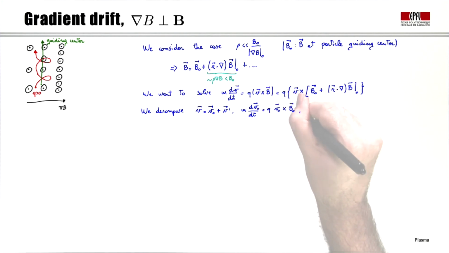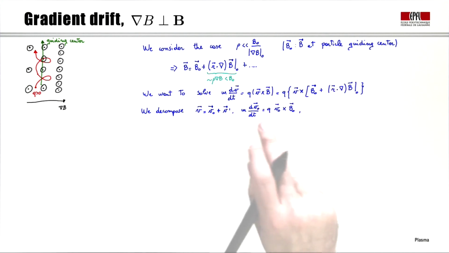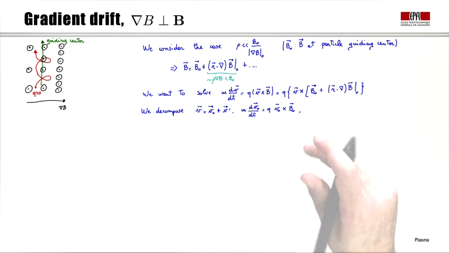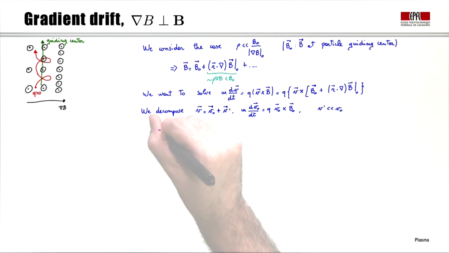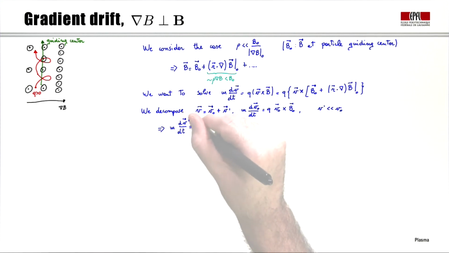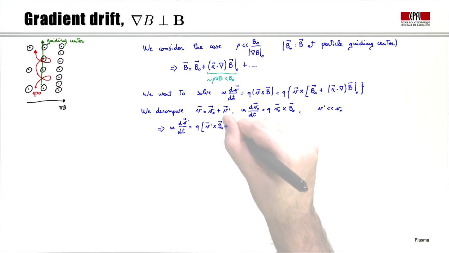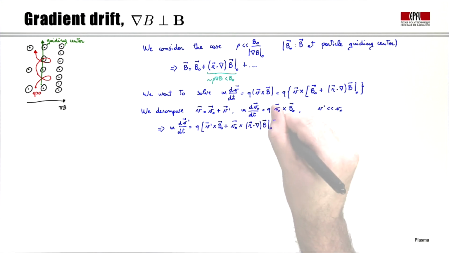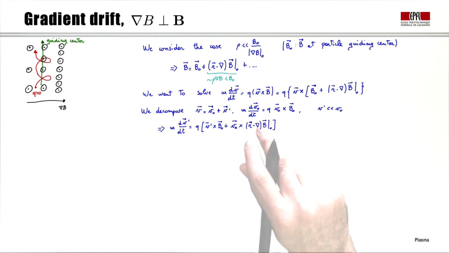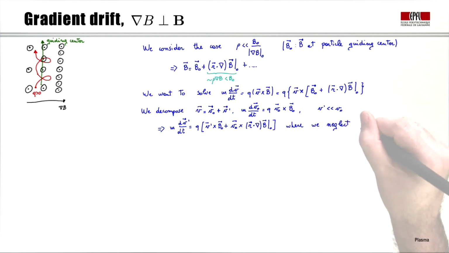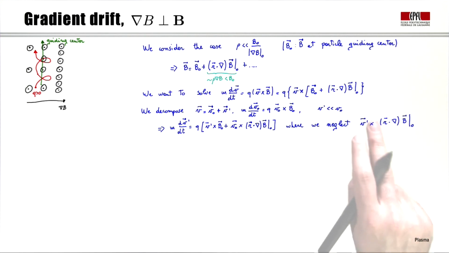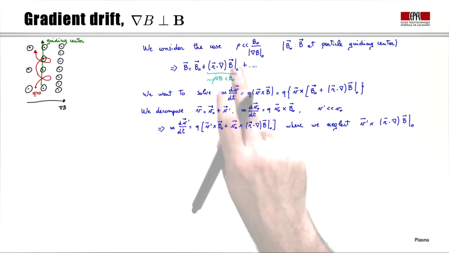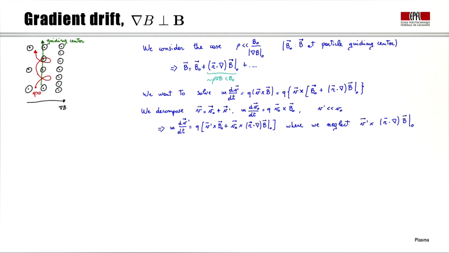And as V prime will take into account this small correction, we expect that V prime will be much smaller than V0. Therefore, V prime will satisfy the equation where we can neglect the higher order term, as this term is given by the product of two small quantities, V prime and grad B.